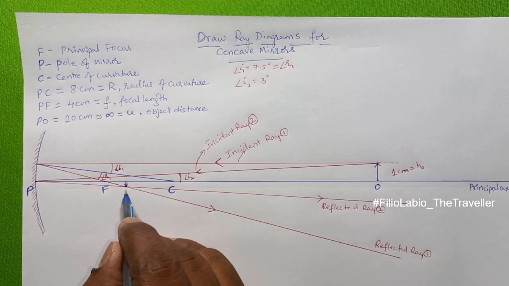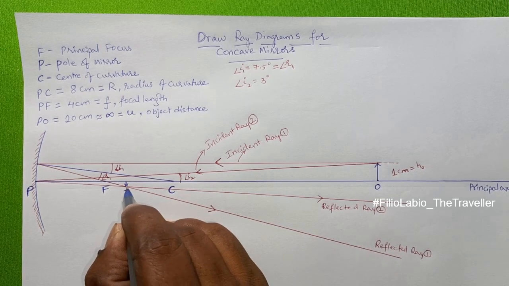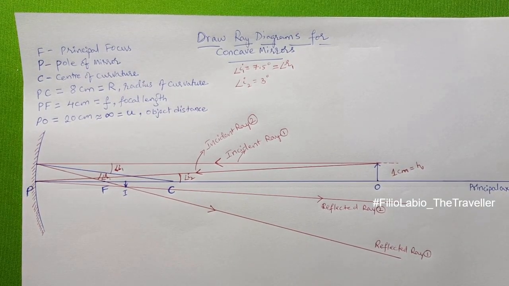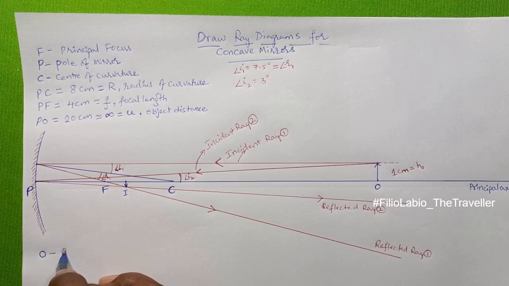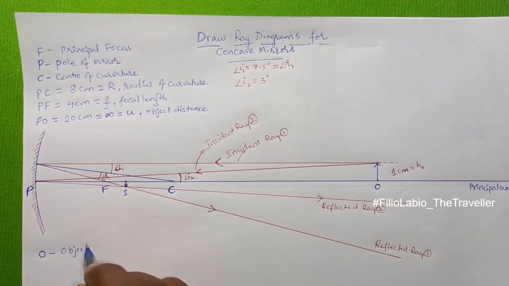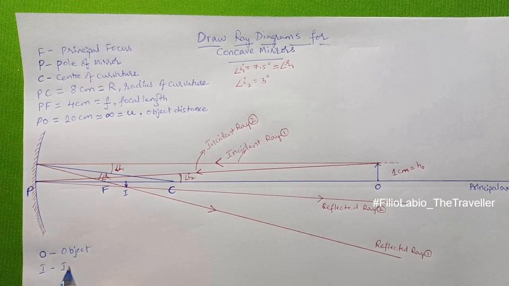This point is called I. I is for image. Previously it was O. O is for object. I is for image.